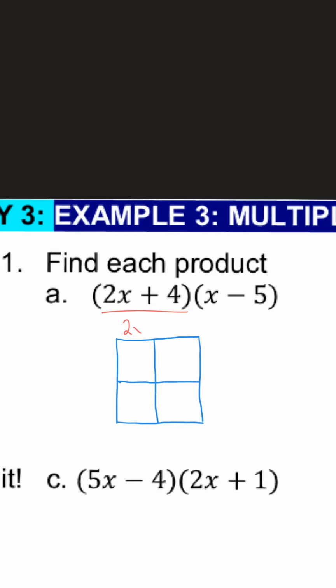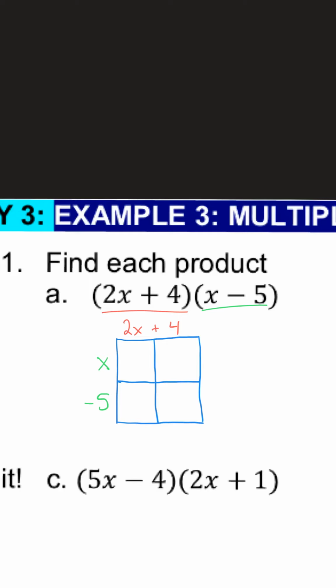I'm going to put 2x plus 4 on the top. Then on the side, I'm going to put the next one, the x minus 5. So I'll put x and then minus 5. Now, I like to put the negative next to the number there so that I don't lose my signs.